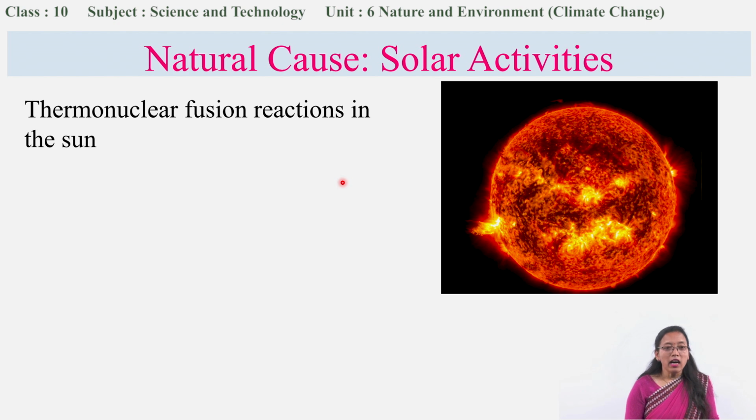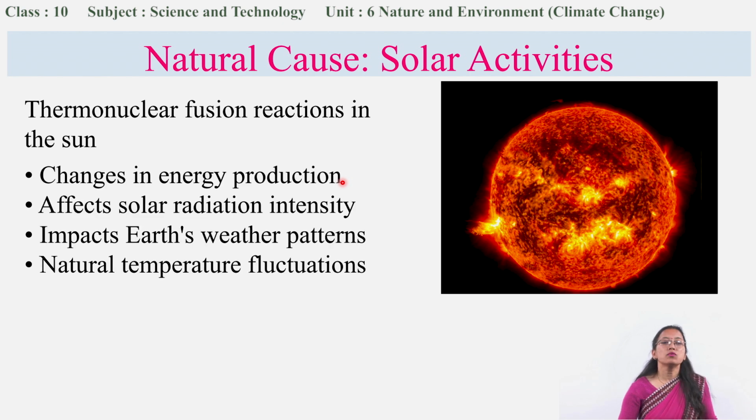Continuously the reaction is going on, but sometimes there is a high rate of reaction and sometimes a low rate. What happens? That changes the energy production, and sometimes more energy comes to the earth's surface, sometimes less, and it also affects the solar radiation intensity.